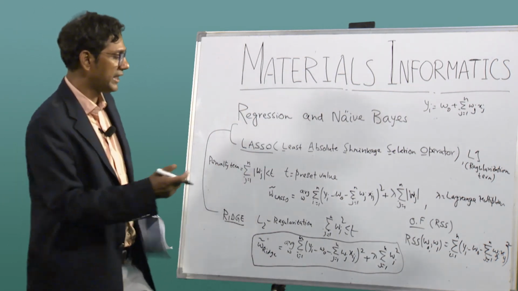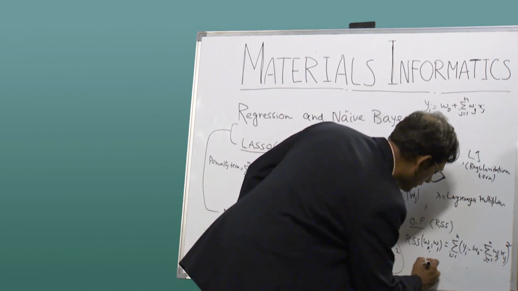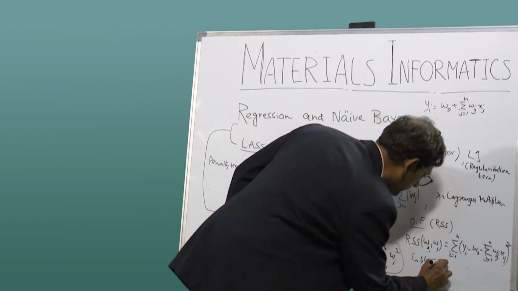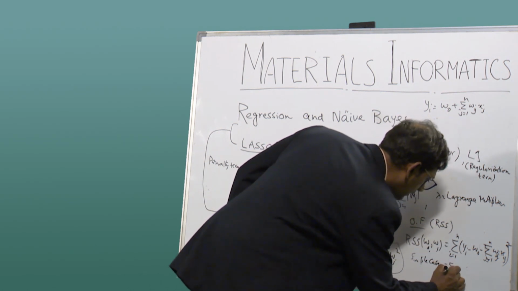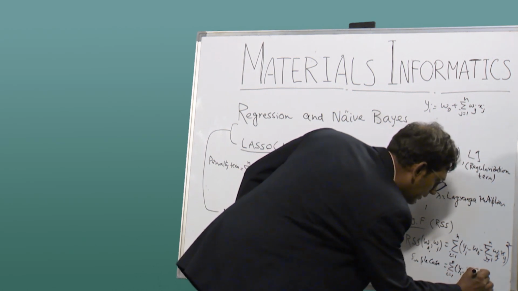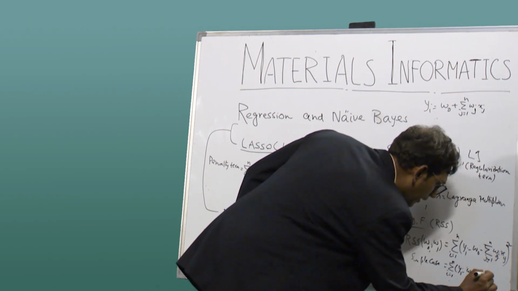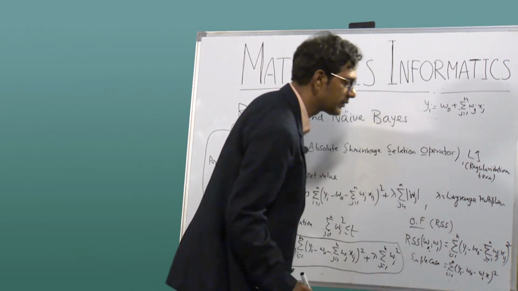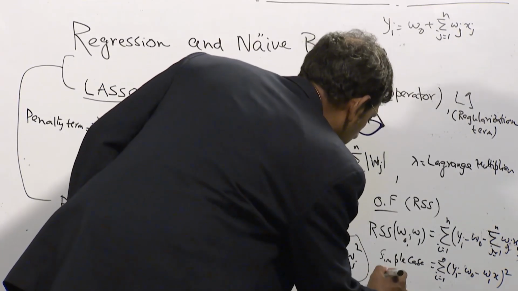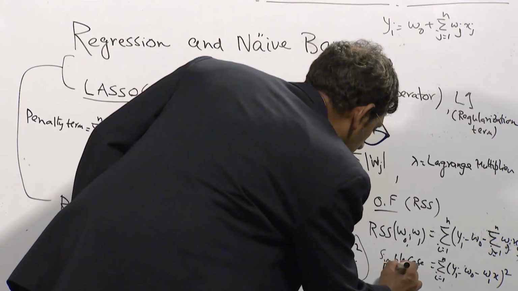So, very simple, if you want to remove the sum, the simple case is this: the sum from i equals 1 to n of (yi minus W0 minus W1 x) whole square, right. I have done all this mathematics. This is the simple case RSS.